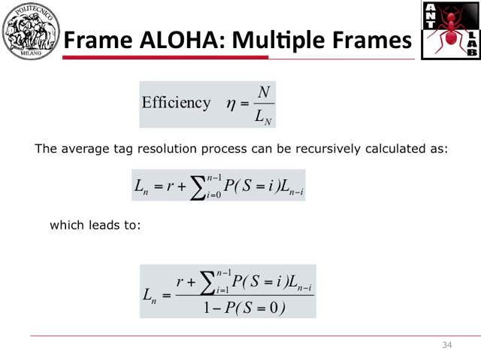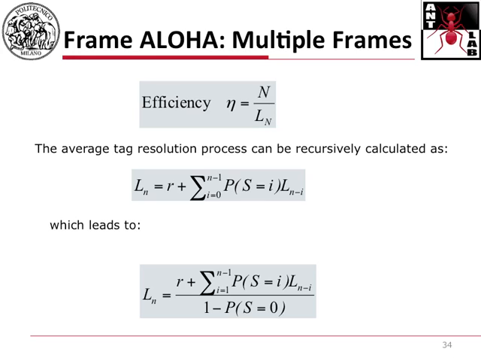And then if you had i successful transmissions, it means that you have a new backlog, which is n minus i. So you still need to resolve n minus i tags. Okay? And that's where the recursion is. Clear? Questions?